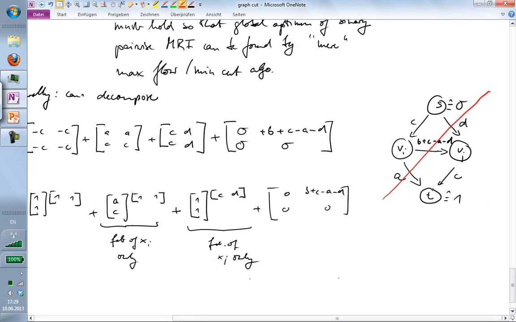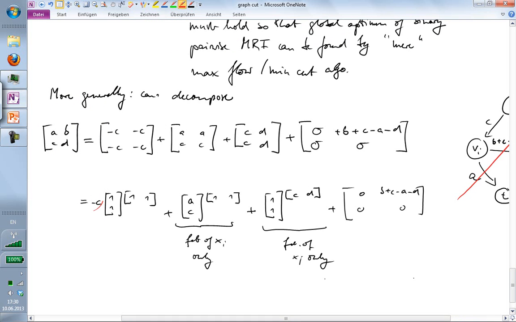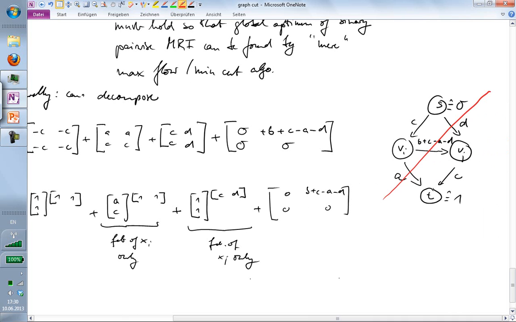It gives me an energy of minus c, because this was the constant term that I always have to add, plus d plus b plus c minus a minus d. This comes from the second edge I cut through, plus an a from the third edge. So cancelling the a's and the d's and the c's, I'm left with b.